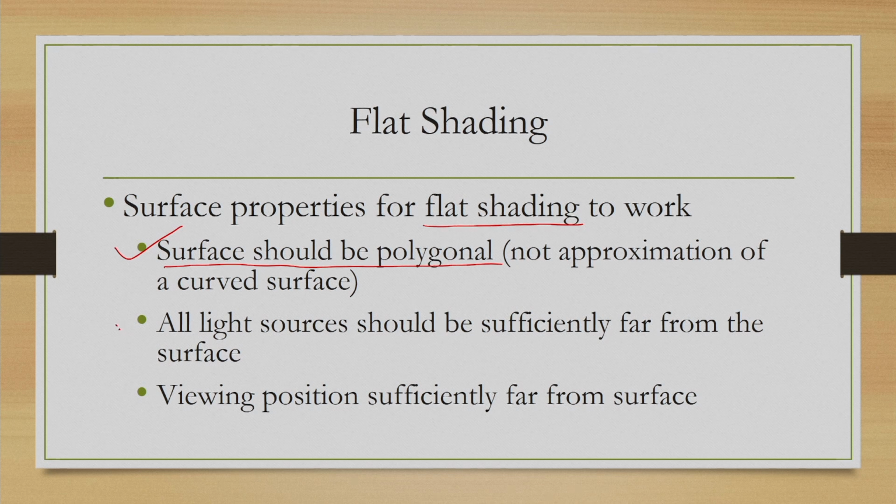Second, all light sources should be sufficiently far from the surface, so that shades of different intensities or colors are not applicable. And third, the viewing position is also sufficiently far from the surface.